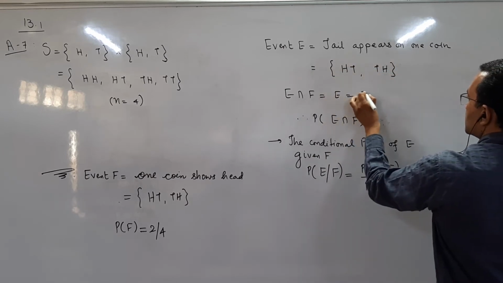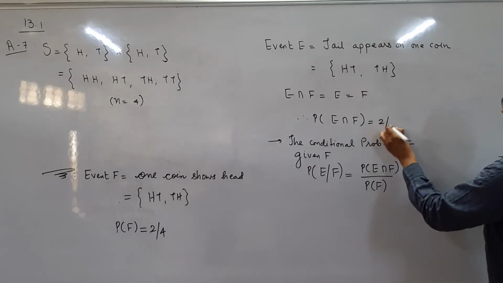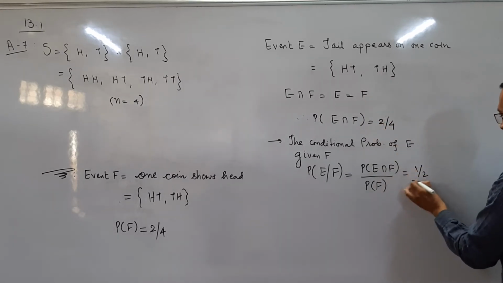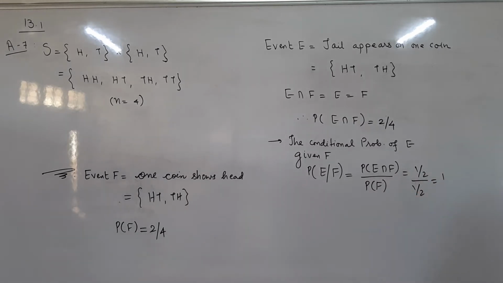So E intersection F is either E or F, and that probability is also 2 by 4. So 1 by 2 upon 1 by 2. So students, the final answer is 1. This is a sure event. If it is asked to interpret the result, students, I would have definitely commented that this is a sure event.